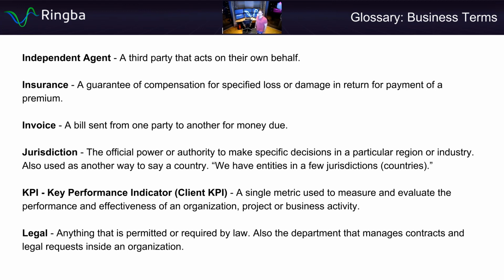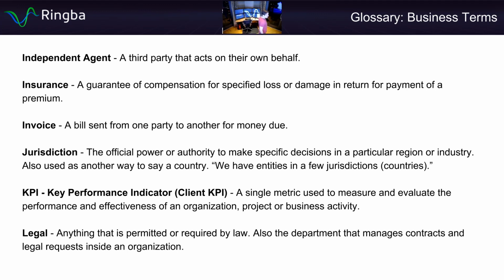KPI, key performance indicator, is a single metric used to measure and evaluate the performance and effectiveness of an organization, a process, or a business activity. So if you're running a call center, you have all sorts of KPIs. You have KPIs for employee performance, conversion rate, revenue, all sorts of things.